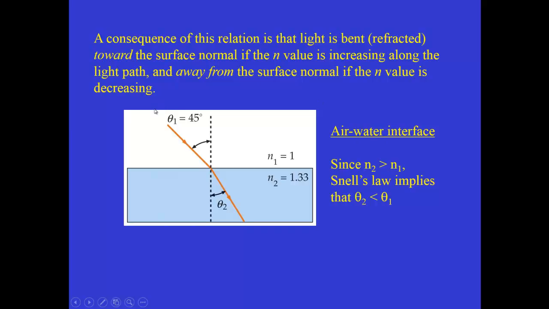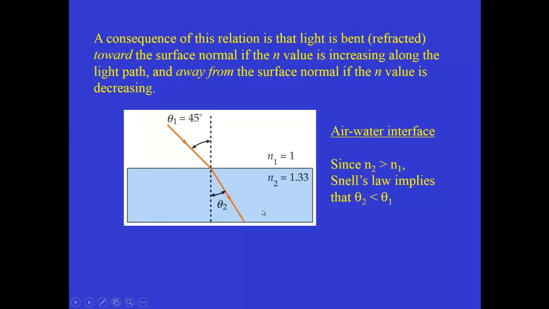So if you have incoming light in one medium and you want to understand the path of the light that travels into the next medium, the transmitted or the refracted beam, Snell's law tells you that if you're going into a medium with a higher index, then the light is bent toward the surface normal, resulting in a smaller angle. Theta 2 then is less than theta 1 if n2 is greater than n1.